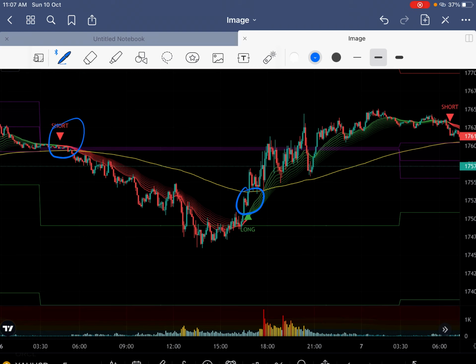For this strategy, I'm going to share what you need first. First, you need a TradingView account, and I am sure that most traders know and use TradingView.